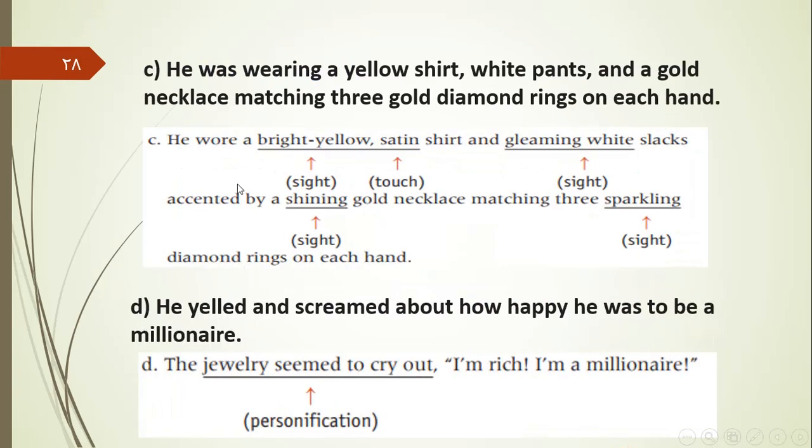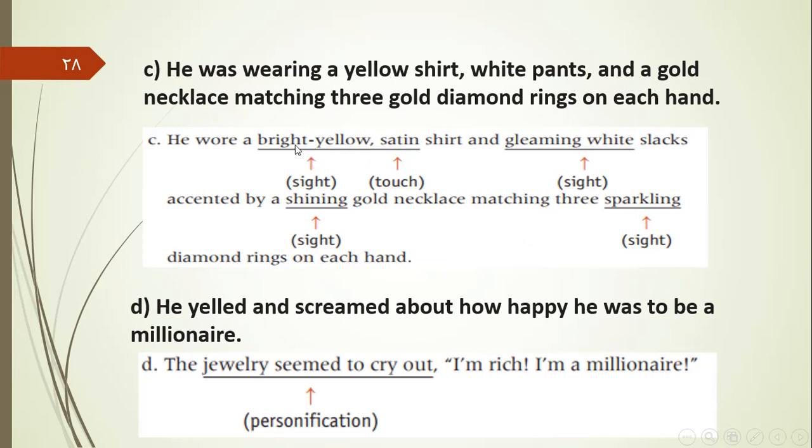Let's see detail number 3, support sentence number 3. He was wearing a yellow shirt, white pants, and a gold necklace matching 3 gold diamond rings on each hand. It can be descriptive by adding these words. He wore a bright yellow satin shirt and gleaming white slacks, accented by a shining gold necklace matching 3 sparkling diamond rings on each hand.